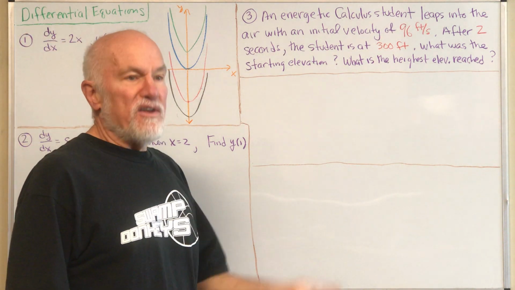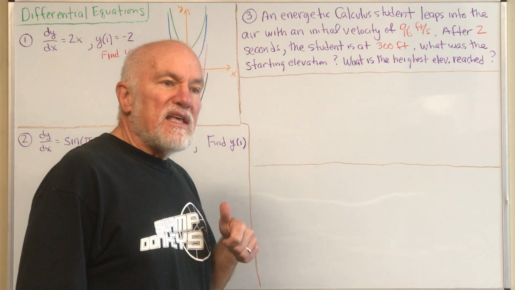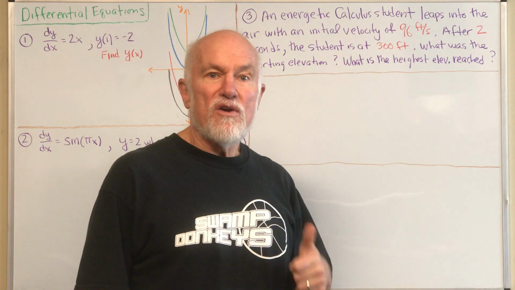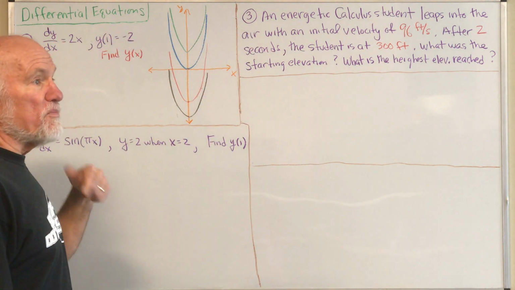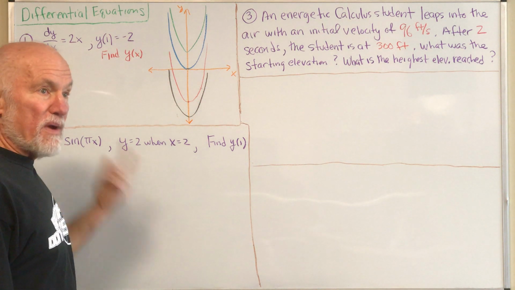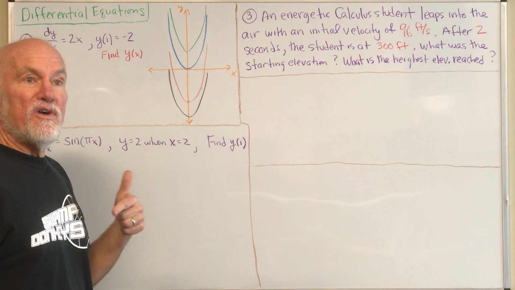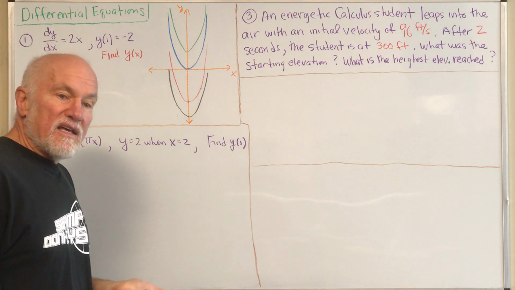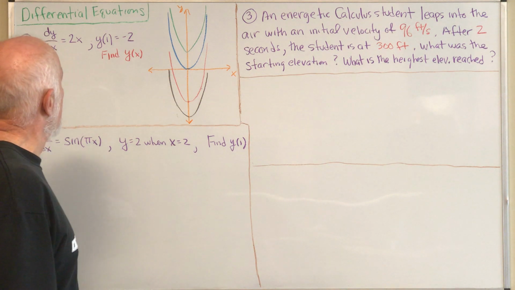Well, there's an infinite number of antiderivatives, but they're all in the family x squared plus c, because if you take the derivative of x squared plus c, you do get 2x. Remember how we can check to see if we took our antiderivative correctly: we just take the derivative and see if we get back to where we started from.